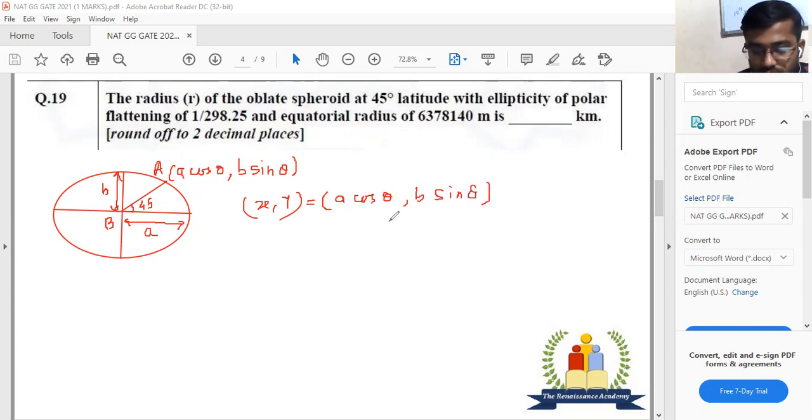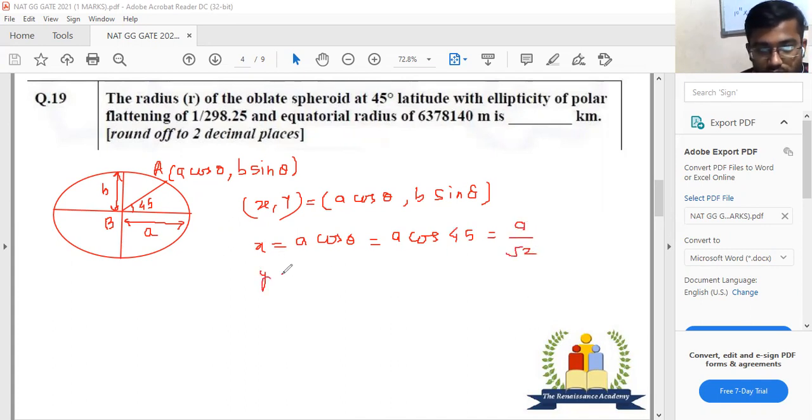So just substitute x is equal to A cos theta, means A cos 45 because theta is given, and value of cos 45 is 1 by root 2, means we will get A by root 2.